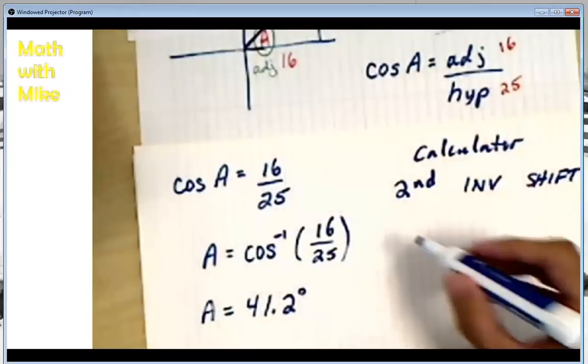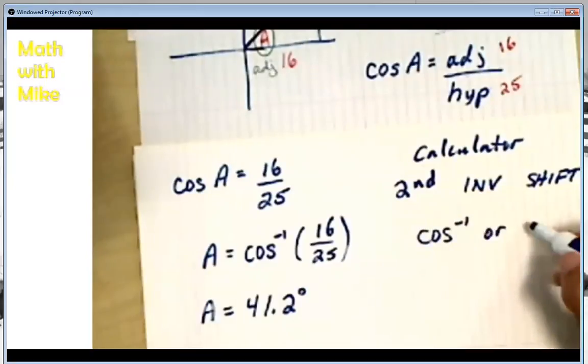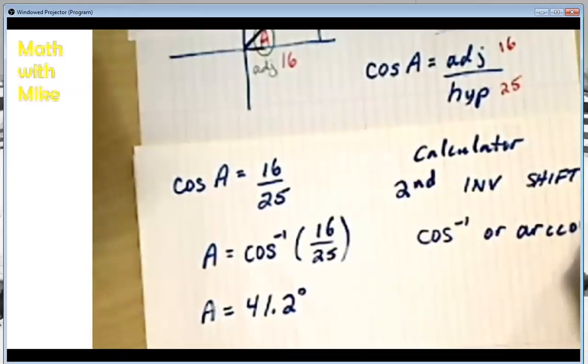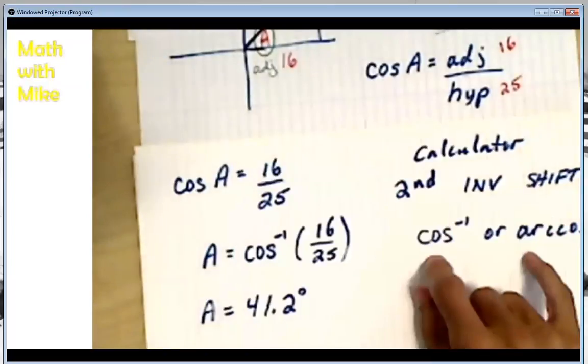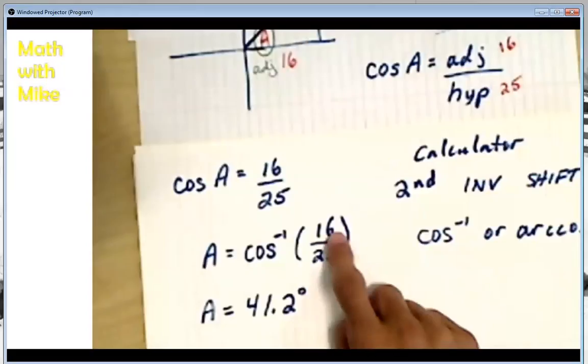And then what you want to see is cos -1, or if you got a different calculator, arc cos, like that. You kind of got to figure it out for your own calculator. And then also you got to keep track, if you do the numbers first, if you figure out the fraction.